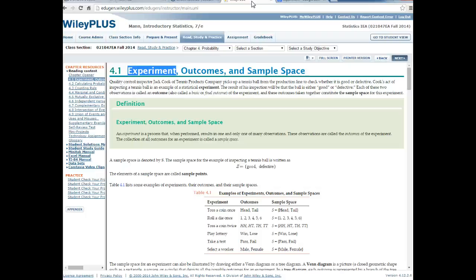Or I could use two different types of coins, like a 10 yen coin and a 1 yen coin. So did I get HT or did I get TH? That could be different, right? So that's one thing that you could be interested in. That would be one experiment based on flipping two coins. But a different experiment would be counting the number of heads. Okay, so that would be called a different experiment.